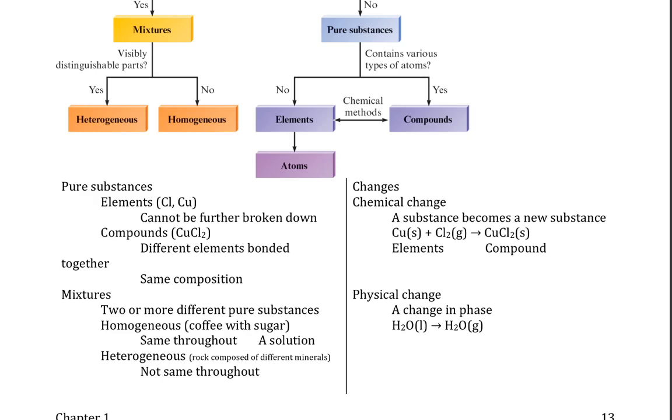Our last part is on changes. We have, under this section, two types of changes: chemical changes and physical changes. When a chemical change has occurred, a substance becomes a new substance. We've undergone a chemical reaction, like we talked about the pure compound CuCl2. So that's made from combining copper and chlorine. Copper at room temperature exists as that orange shiny metal you've probably seen in terms of copper wiring.